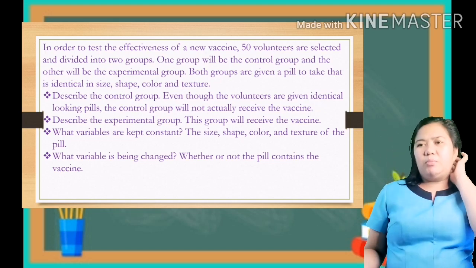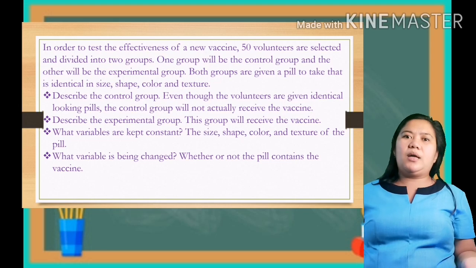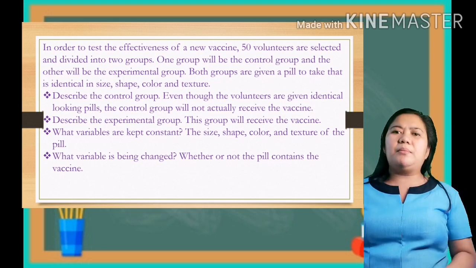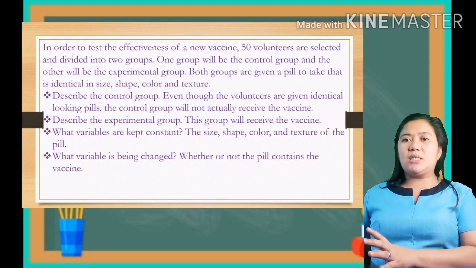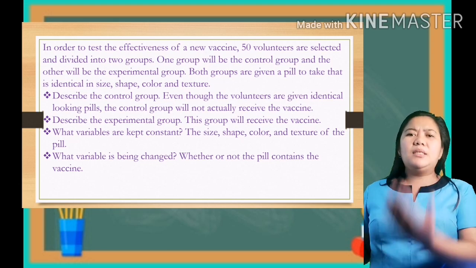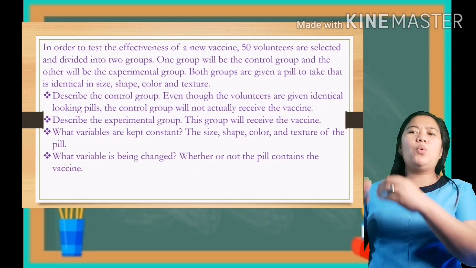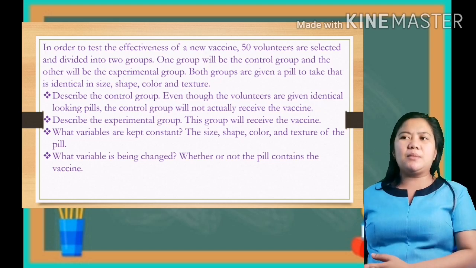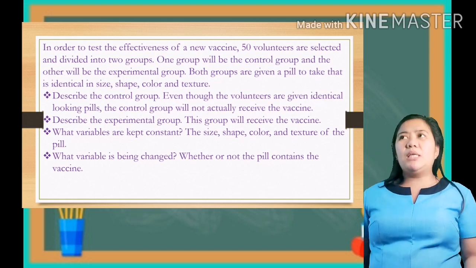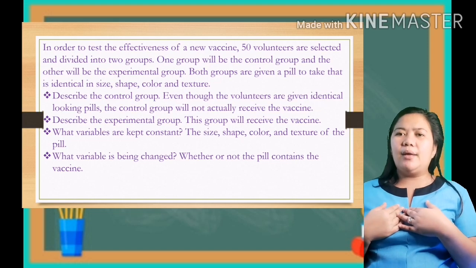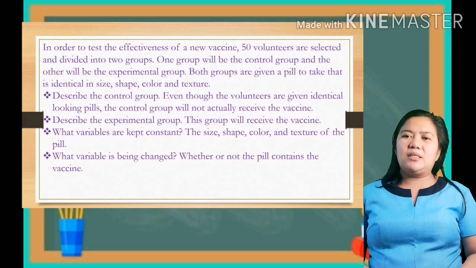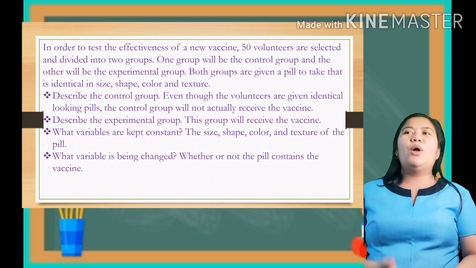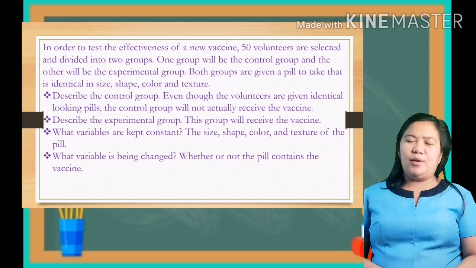Because let's say you have the controlled setup, but it does not receive this fertilizer at all. But this particular oregano still grows and develops as time passes by, which means even if you don't have a fertilizer at all, the oregano will grow and develop.